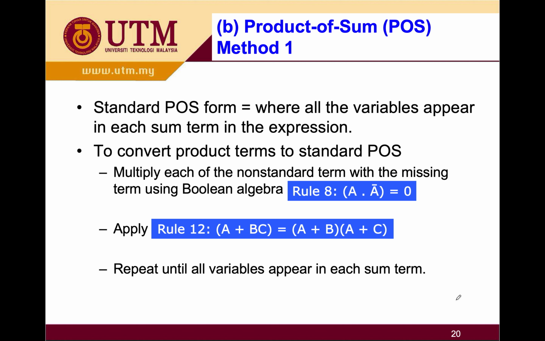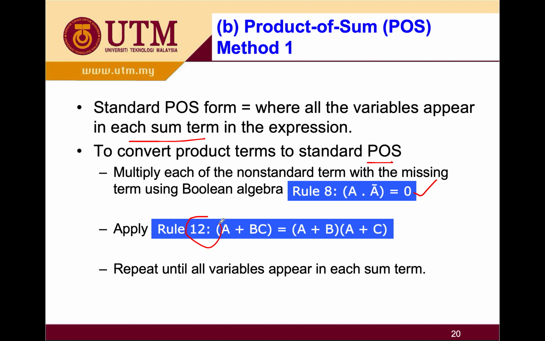While for the POS, you have the standard variable appearing in each sum term. How you're going to convert sum of products to POS is by using two rules. First is rule number 8, and then after that, apply rule number 12.